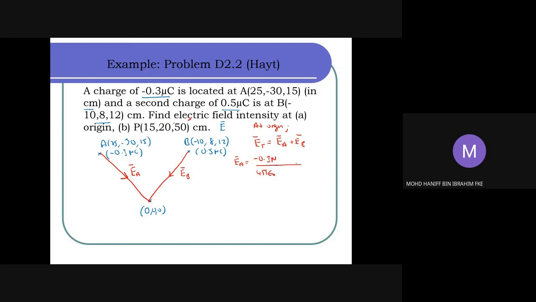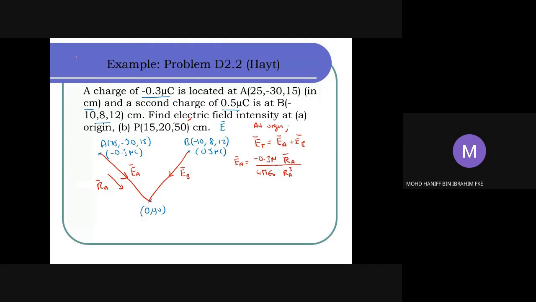Now I'm using capital R instead of small r for the vectors, so it should be R vectors. I put RA over RA to the power of 3. The vector RA basically should be the vector directed from the point of A to the point of origin.